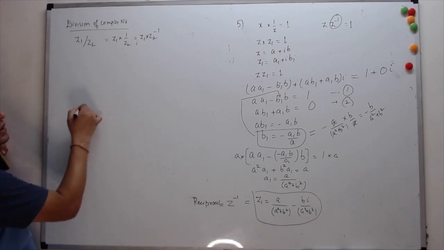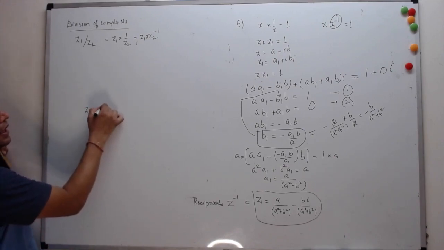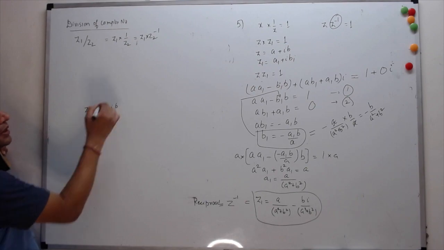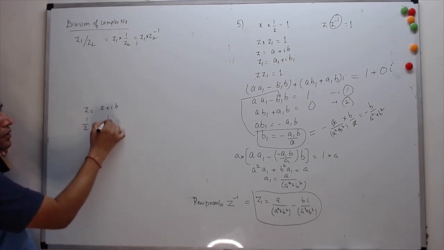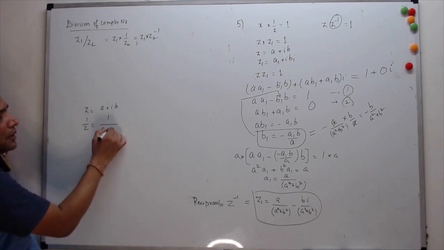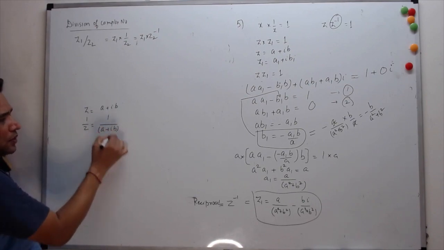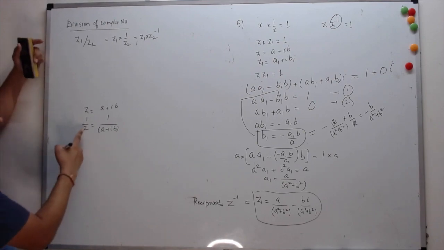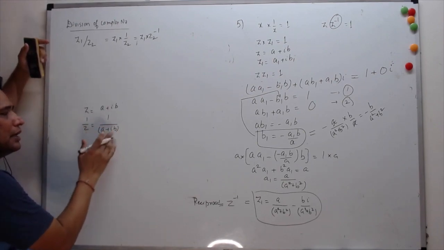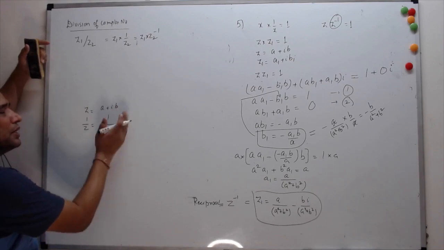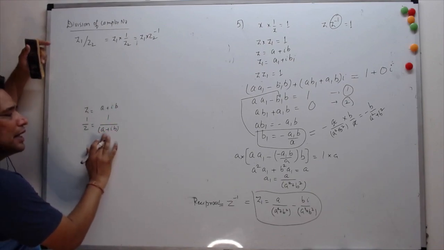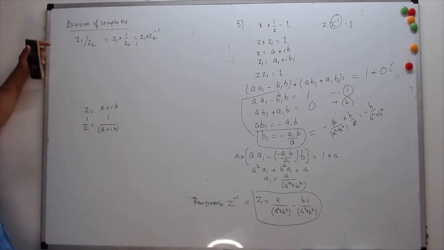So let's say you're given z as a plus I times b. So 1 over z is nothing but 1 over a plus I times b. When you're given something like this, the way to express this in the form of a complex number is to get rid of the complex part from the denominator.